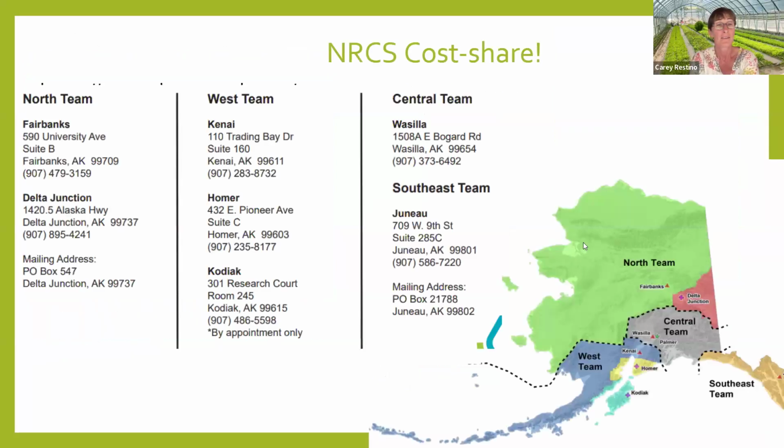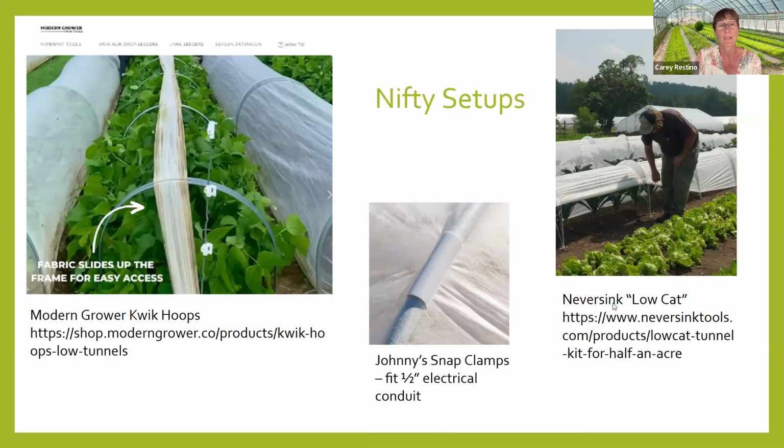Yeah. And then, oh, go ahead. I was just going to say, I have the Quick Hoops. I demoed them for the first time last year, and I really love them. I think I got like 50 in a packet, or maybe it was for a 50-foot roll, I can't remember. I use them at the end of my hoop houses, or I'm sorry, low tunnels. They are basically the tether.